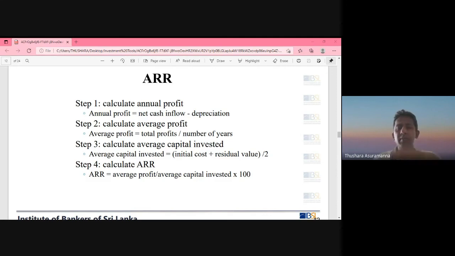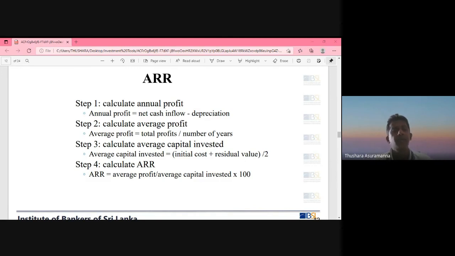So 30,000 minus 20,000 is 10,000, the profit for year 4. Residual value will not be taken for steps 1 and 2. It's coming for step 3.